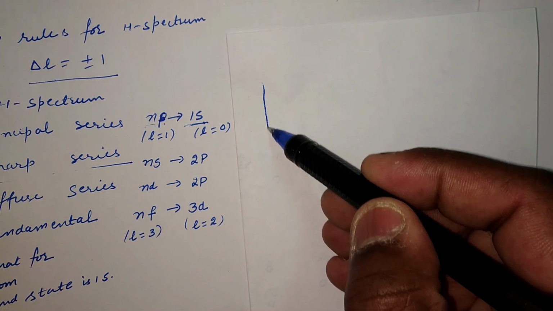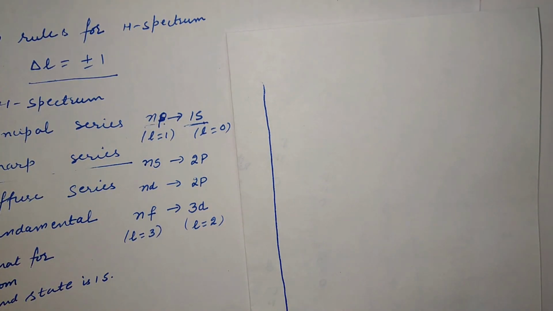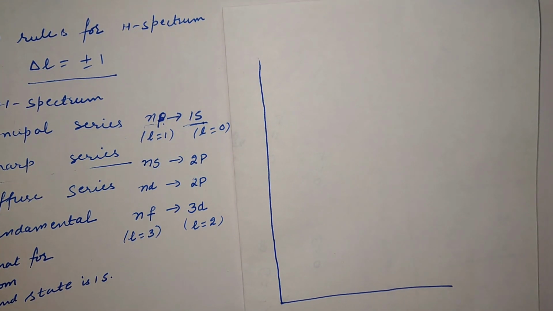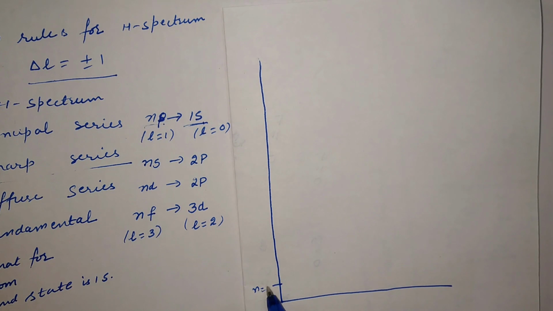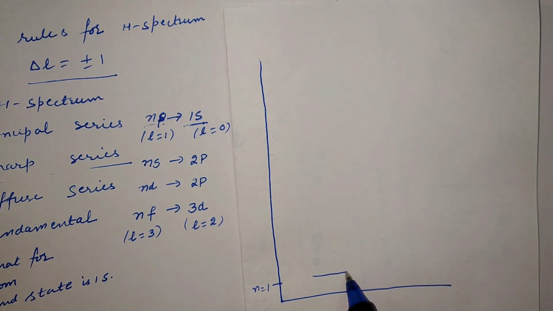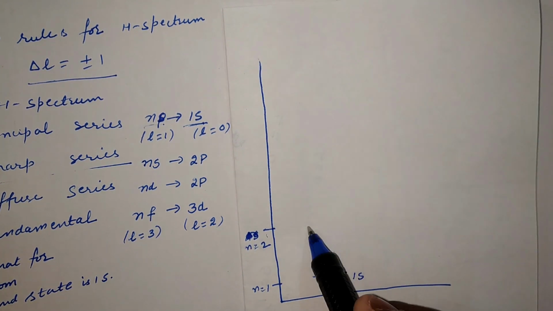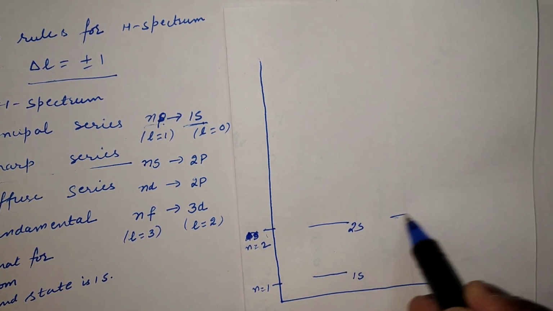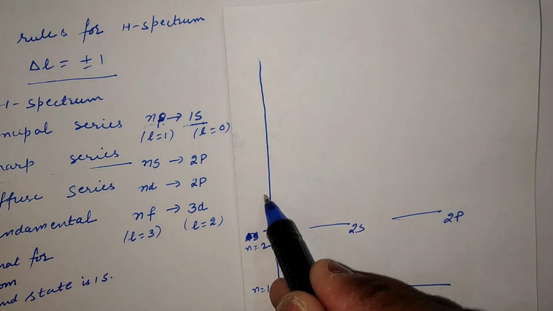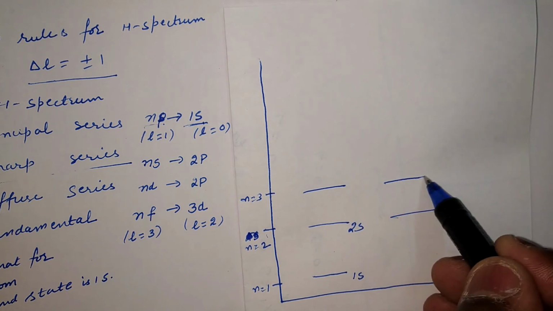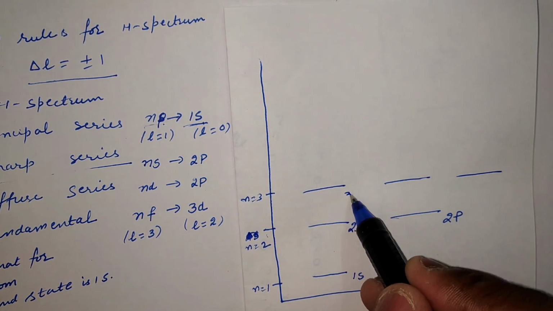Now for the hydrogen atom, the ground state configuration is n equal to 1, and for this we have the 1s orbital. For n equal to 2 we have 2s and 2p states. For n equal to 3 we have 3s, 3p and 3d states.